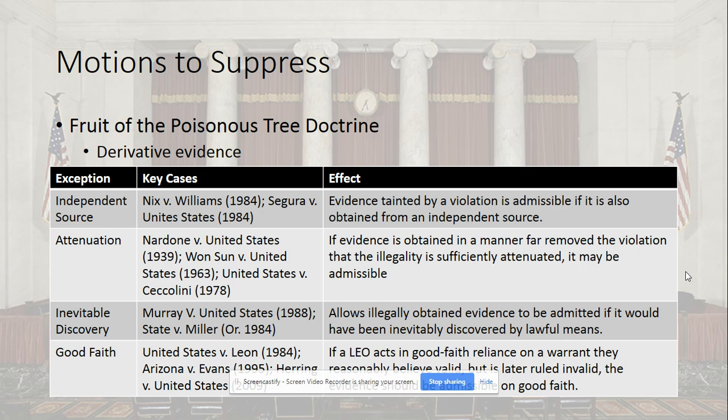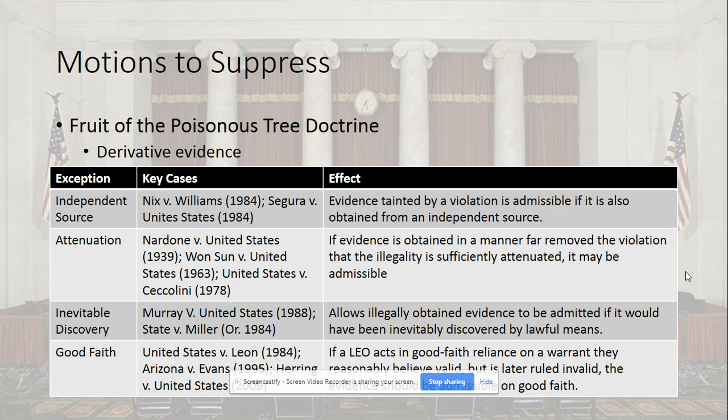And the coroner provides us the slug later on from the body during the autopsy. But for whatever reason, we don't obtain a search warrant for the house, and we find the gun, we find the shell casing, we find the blood spatter, and all of this stuff.